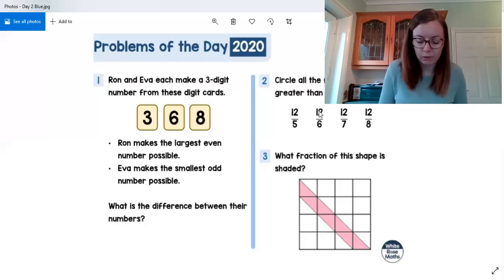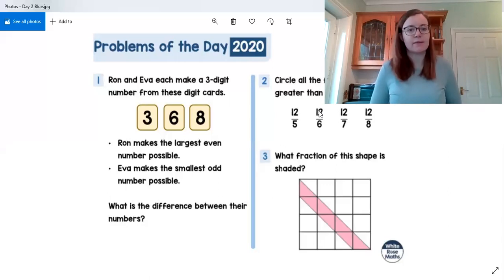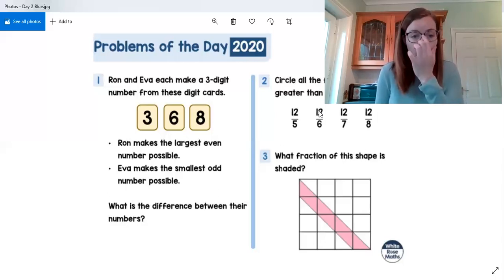Let's have a go at 12 sevenths. Okay, same again. We're going to convert it to a mixed number. So let's see how many whole pizzas we could make. Well, 7 slices, I eat 7 of them, 7 sevenths, definitely get 1. How many 7s can I fit into 12? Oh, well, 2 times 7 is 14, so I can't fit another whole one.